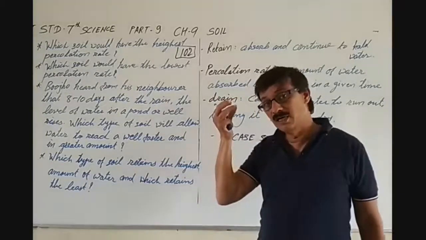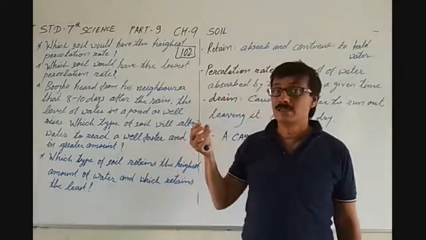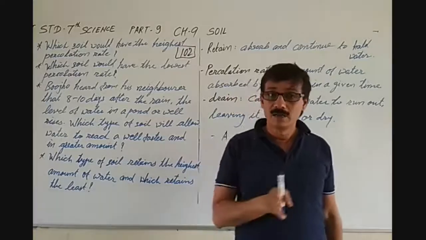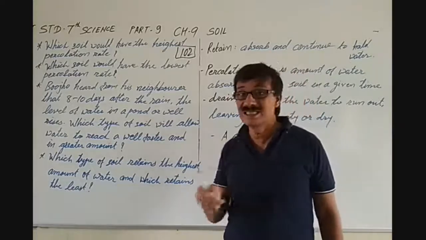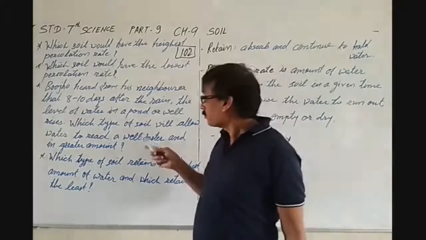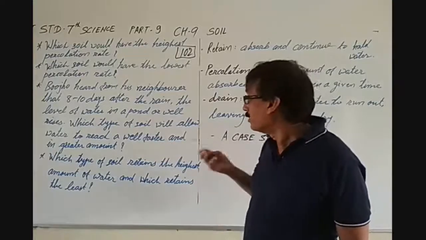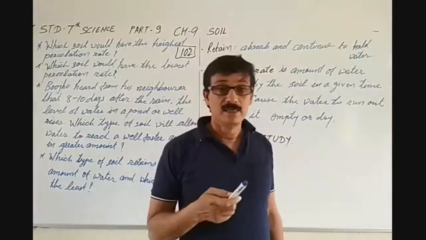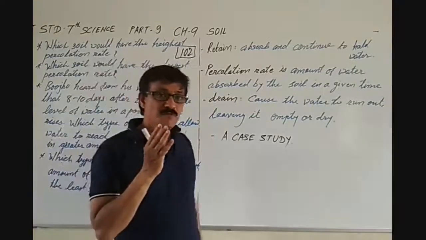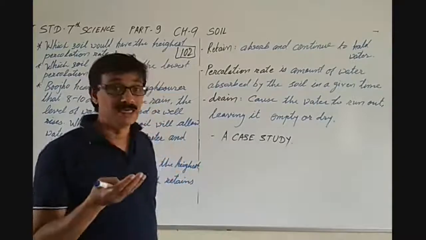See, when water rains, the water goes to the well by passing through the soil, isn't it? So, which type of soil will allow water to reach the well? First of all, we should know which soil drains the water quickly.